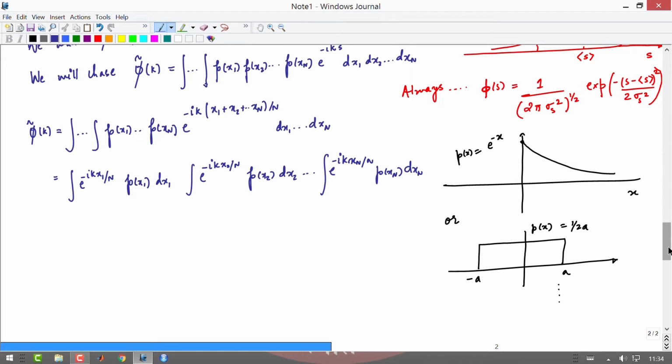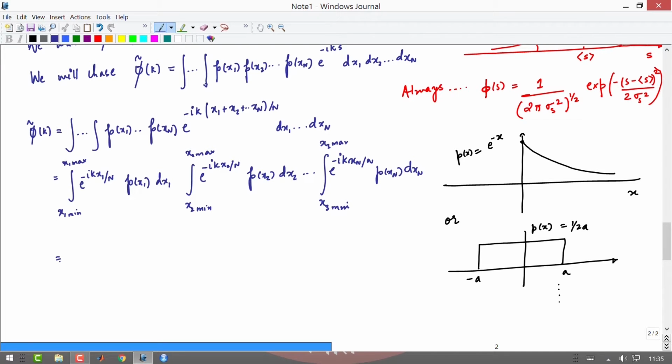Okay. So, if you look at these definite integrals, each one of them is from x1 minimum to x1 maximum. Similarly, this is from x2 minimum to x2 maximum, and this is also from x3 minimum to x3 maximum. So, if you look at these definite integrals, they are all the same because the integration variable is dummy.